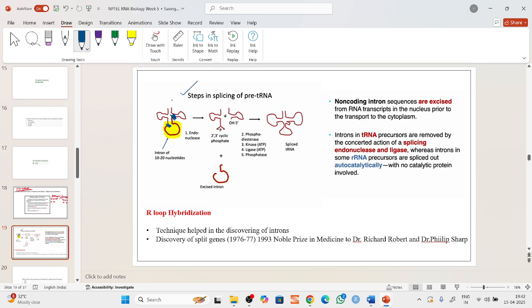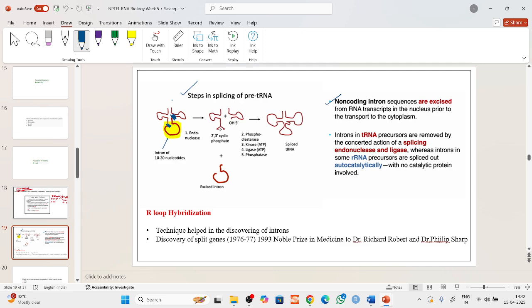Now, non-coding intron sequences are excised from the RNA transcript in the nucleus prior to the transport to the cytoplasm. This we know, that introns have to be removed before this RNA goes into the cytoplasm for the synthesis of protein.